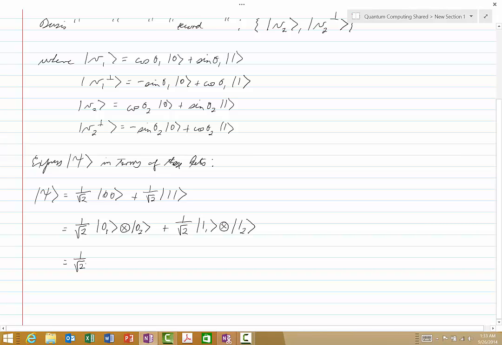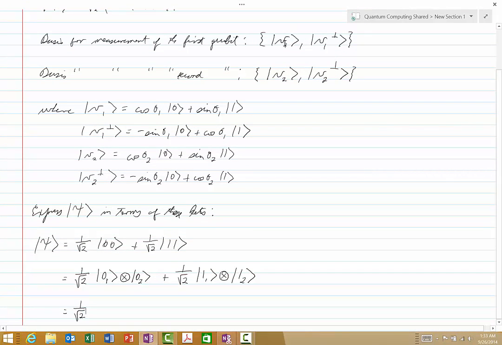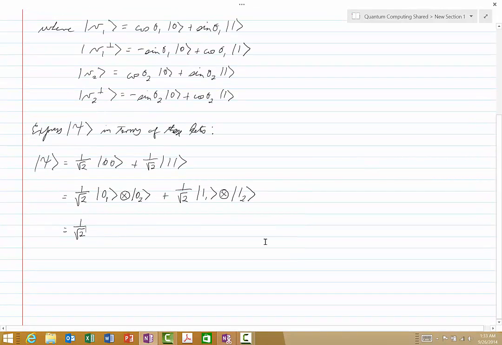Now, since the first qubit is going to be measured with the basis V1 orthogonal, and the second qubit will be measured with the basis V2 orthogonal, we will express the 0 here for the first qubit and the 1 here for the first qubit in this term in terms of V1 and V1 orthogonal, and this 0 sub 2 and 1 sub 2 will be expressed in terms of V2 and V2 orthogonal.